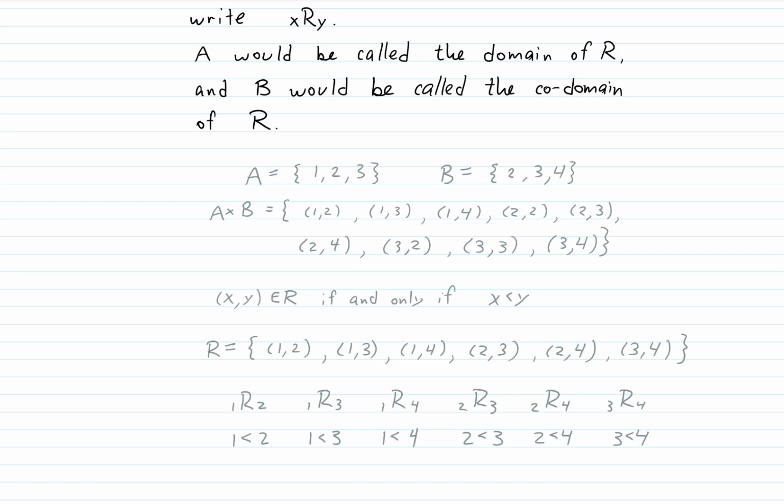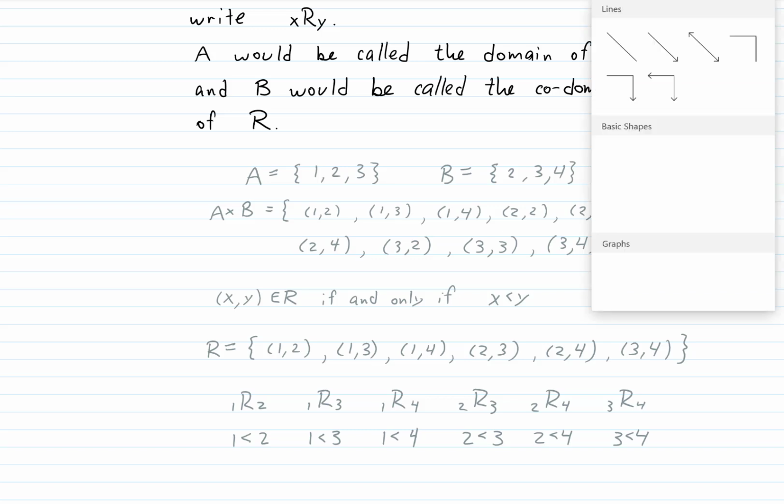Let's do something visual here. You can represent a relation with arrow diagrams. Okay, and let me show you how to do it. This is usually much more straightforward. We're going to take that same relation that we just did, and I'm going to represent it with what we call an arrow diagram.